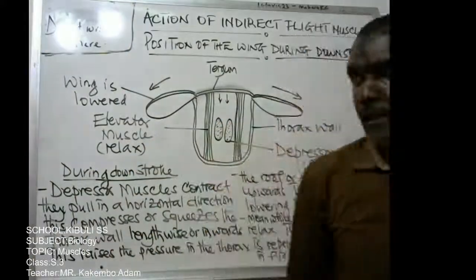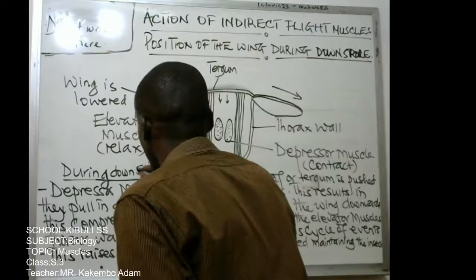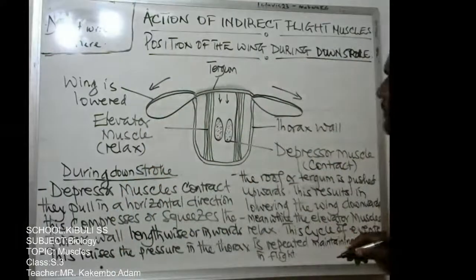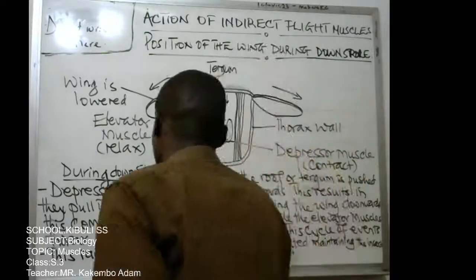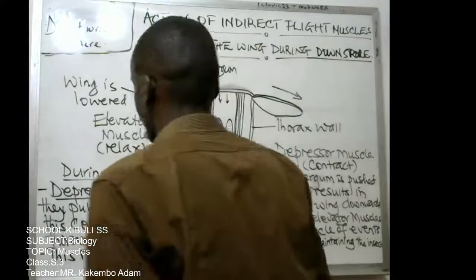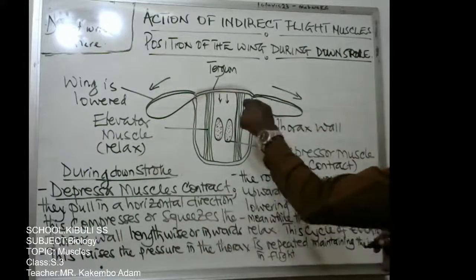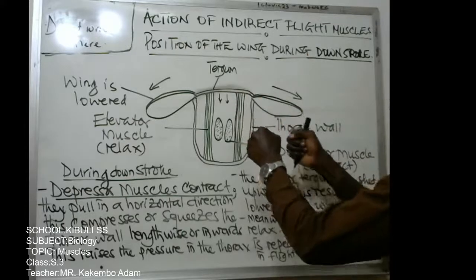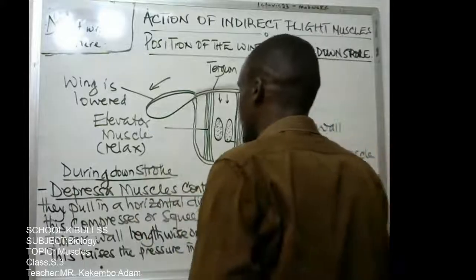So, in summary, during downstroke, using the indirect flight muscles, the depressor muscles become contracted. The effect of contraction of the depressor muscle is pulling the tagum, sorry, compressing the walls of the thorax.